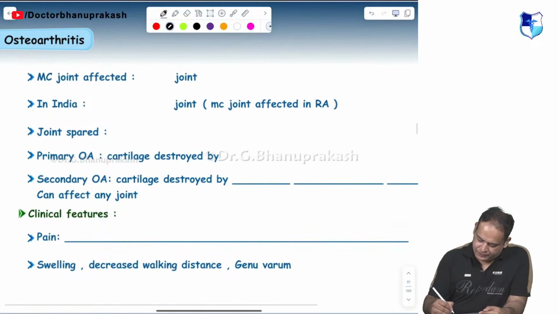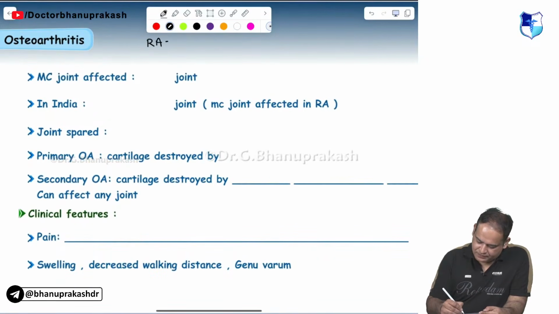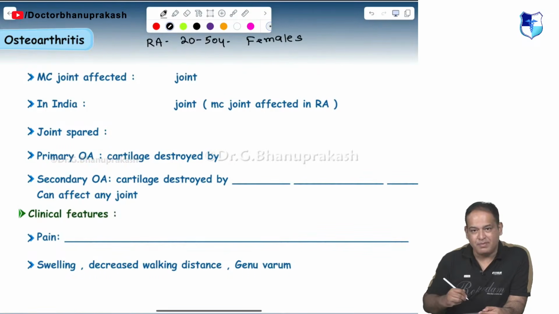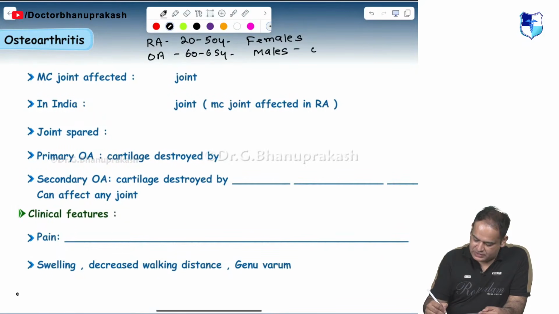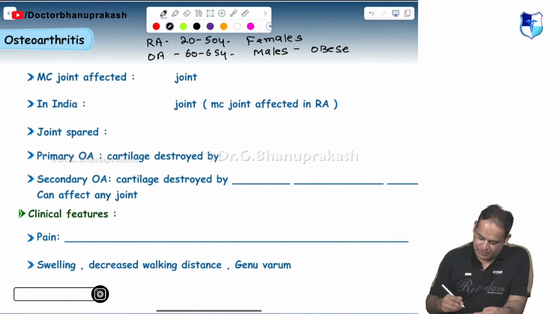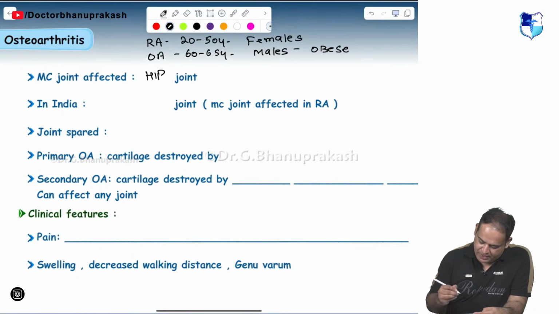Now, osteoarthritis. You see, rheumatoid arthritis is common in 20 to 50-year-old females. Osteoarthritis is common in 60 to 65-year-old males. What kind of males? Obese males. Now, the most common joint affected is the hip joint.